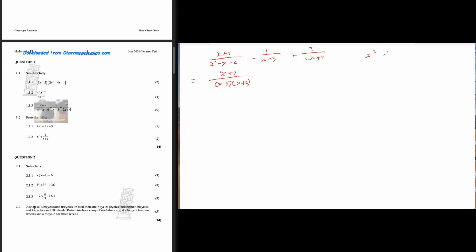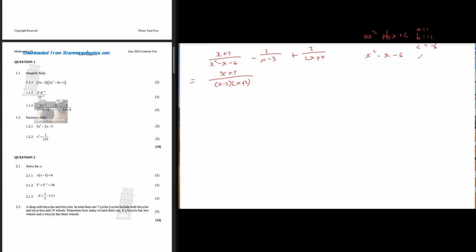So we know that x squared minus x minus 6. We know that the standard form of a trinomial is ax squared plus bx plus c. So given this, we know that a is 1, b is -1, and c is equal to -6.